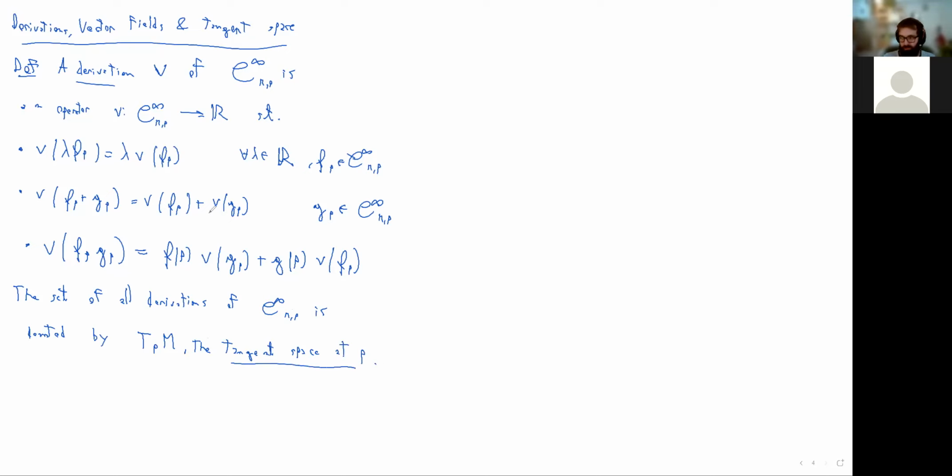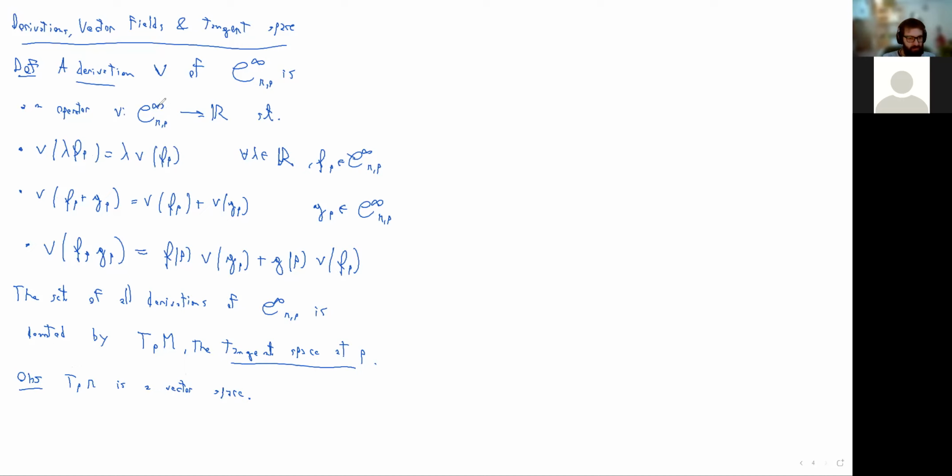Okay, so this is kind of a very algebraic notion, but we will see in practice what this means. And of course, we can see that this is a vector space. If you have two derivations, you can easily sum them and multiply them by a scalar. And now we want to describe this set of derivations a bit better.